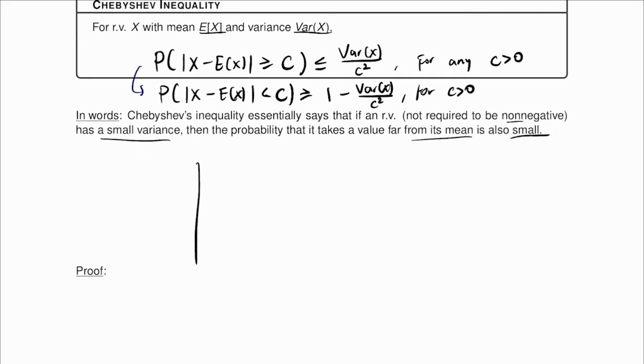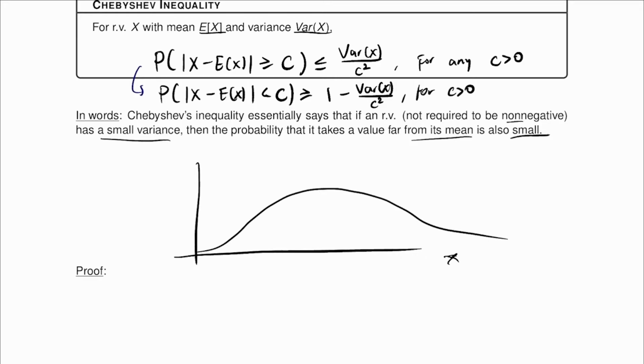So if we have, for example, this random variable X and this PDF, with the expected value in the middle here, and some value c over here, the probability that the difference between X and the expected value is greater or equal than c is this region.